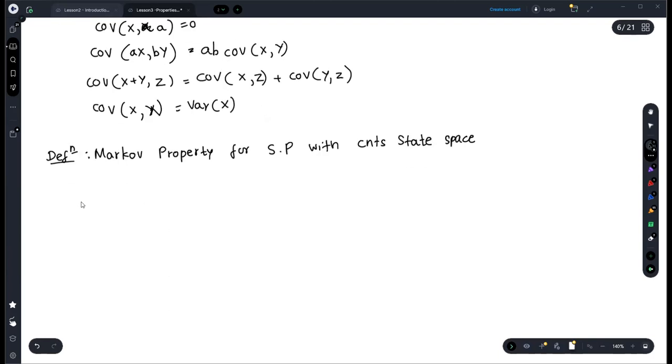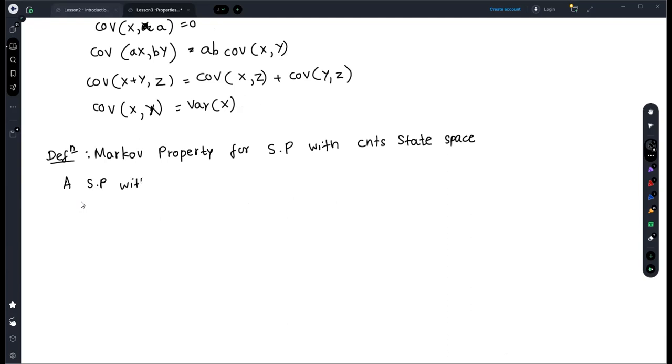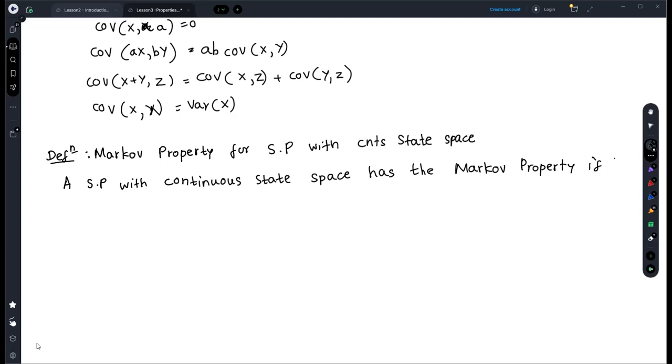Right. So here's the definition. A stochastic process with continuous state space has the Markov property if the following happens.